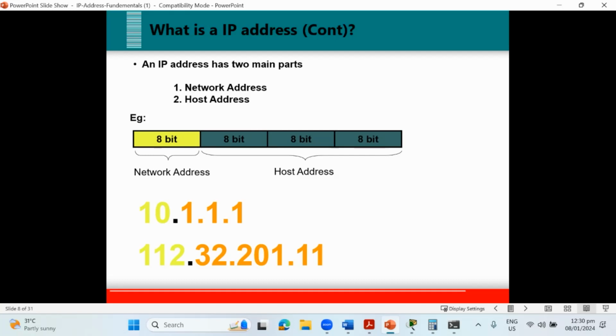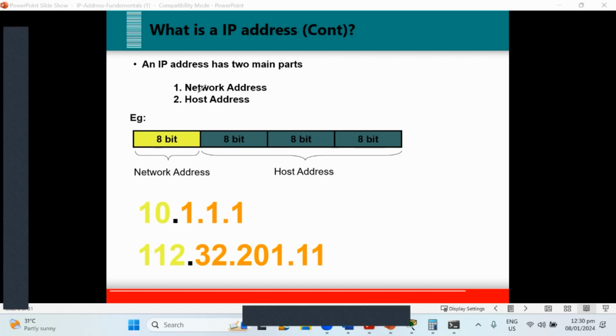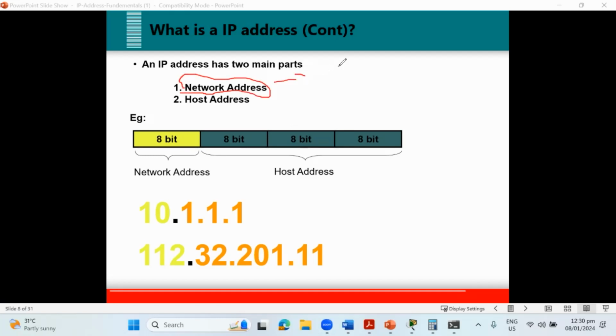Now, our IP address is divided into two parts. The first part is indicated by a network address. When we say network address, it indicates which group, or which company, a certain component belongs to. When we say host address, it is indicated for the client PC or the user PC.